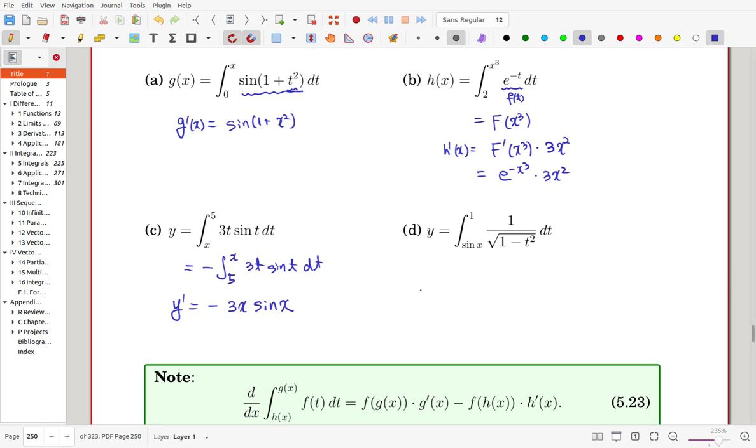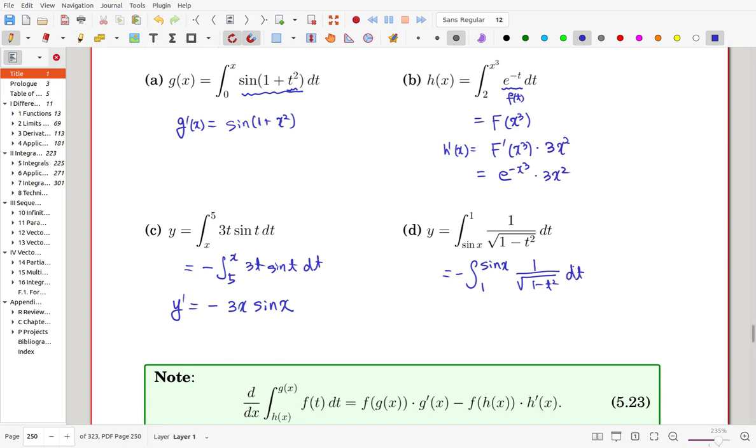Now for this one, in the same way, we first switch the lower bound and upper bound, and then use the technique explained in part b. So that is minus the integral from 1 to sine x of 1 over the square root of 1 minus t squared dt.